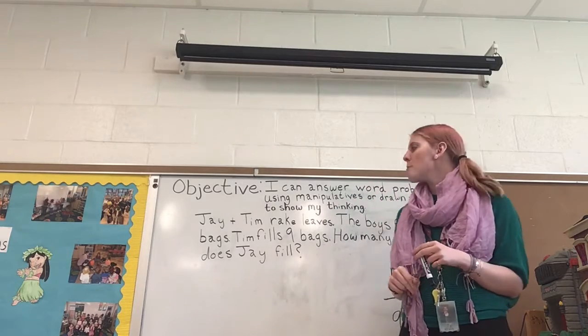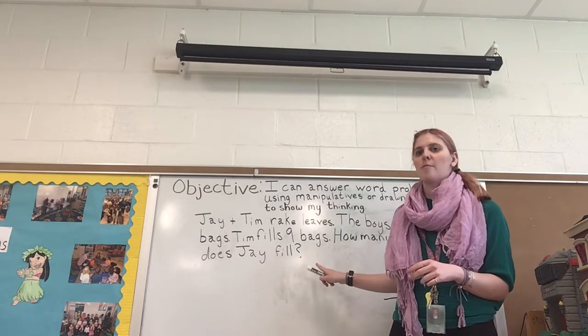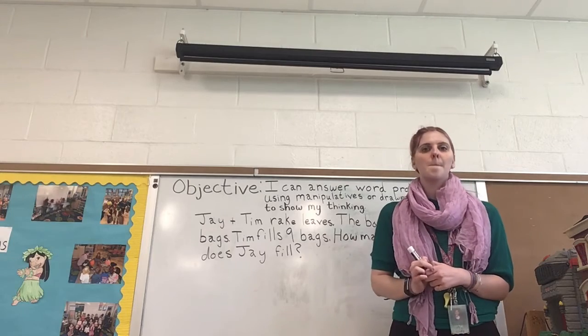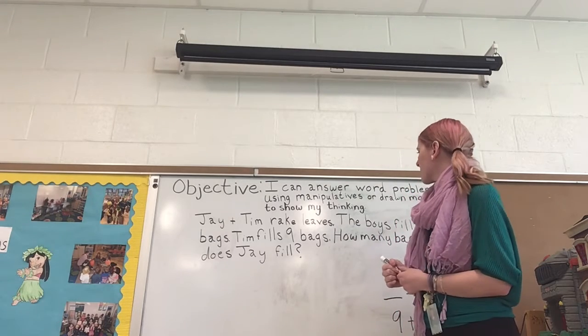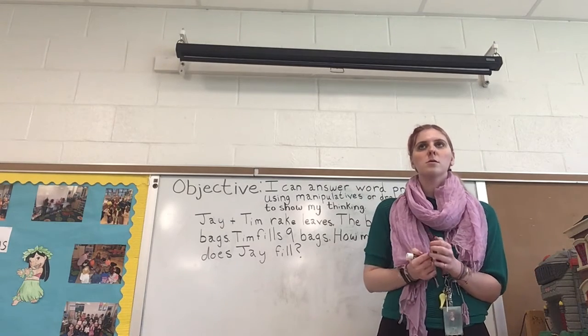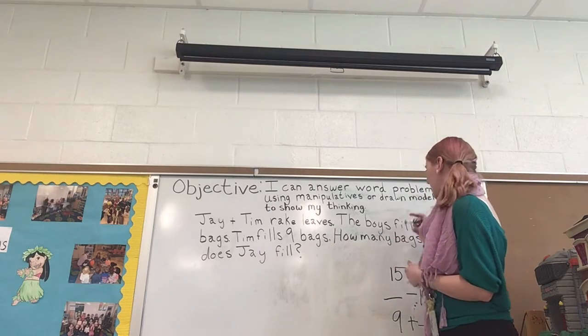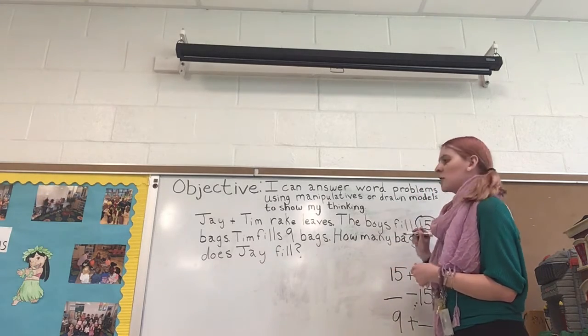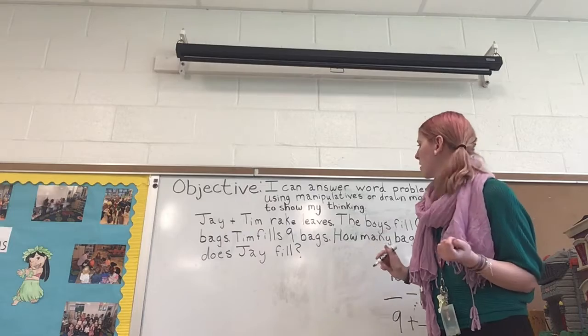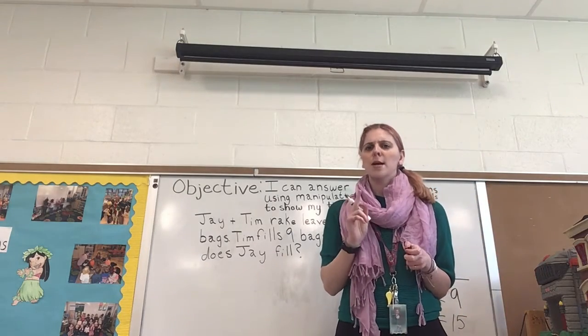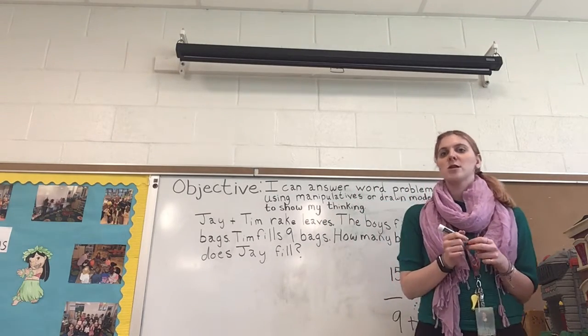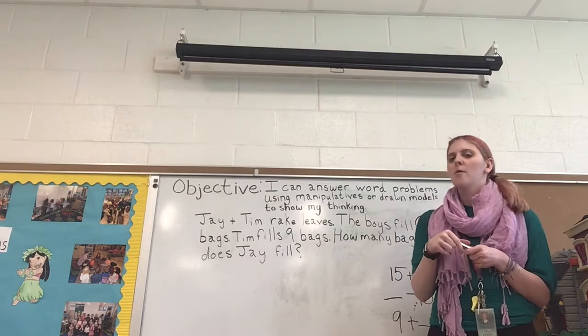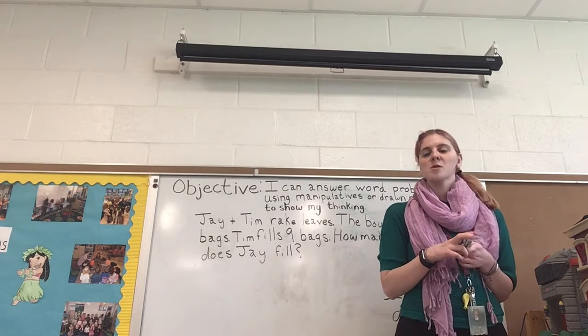Okay, what information does the problem give us? It tells us the total. What's the total number of bags? 15, yep. So I'm going to circle that. You can circle it on your paper. And it tells us one other piece of information that will be important for us to use to solve this problem.